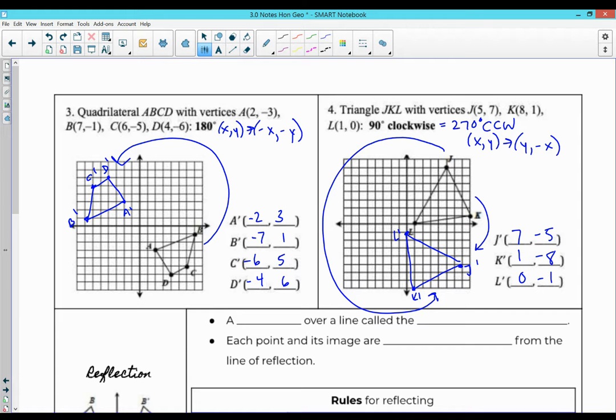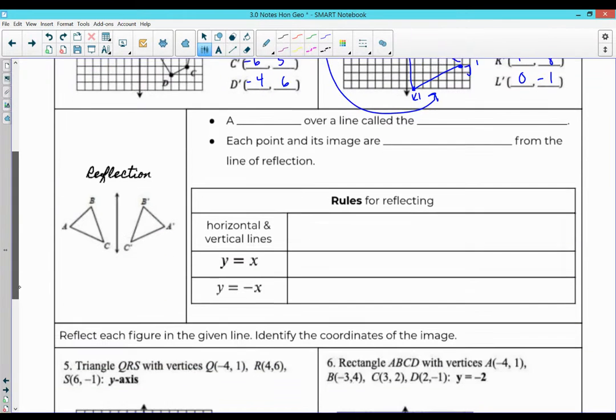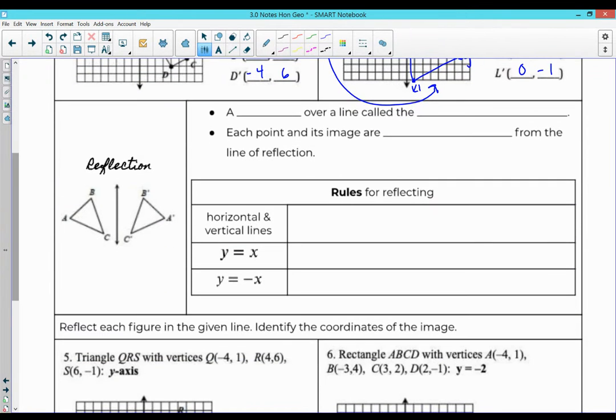Now we're going to talk about reflections. A reflection is a flip over a line called the line of reflection. Each point and its image are equidistant from the line of reflection.